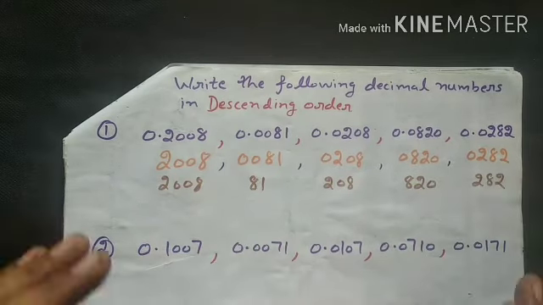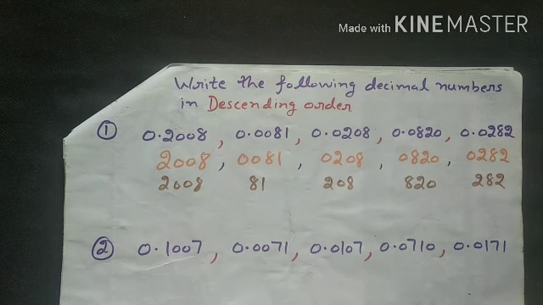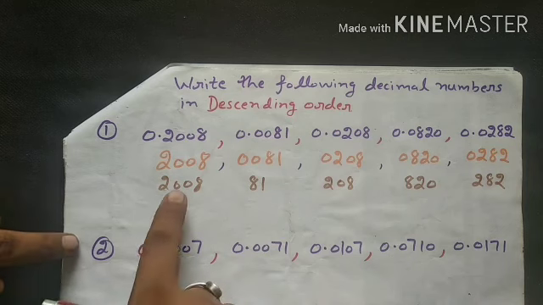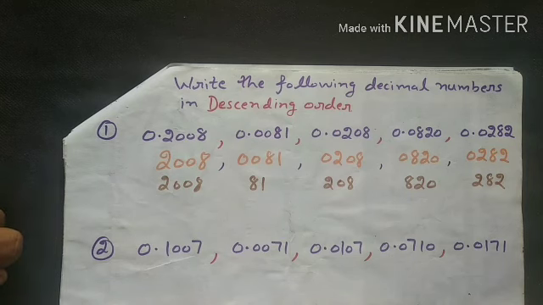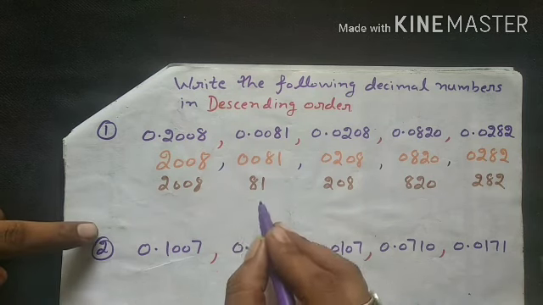Now student, you can see these are now simple whole numbers. Now you can compare which one is greatest and which one is smallest. So it is clear that 2008 is greatest, and which one is smallest? 81 is smallest.